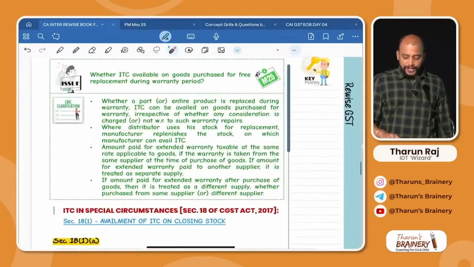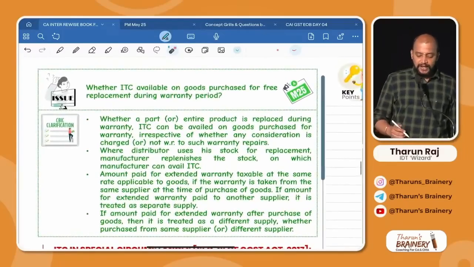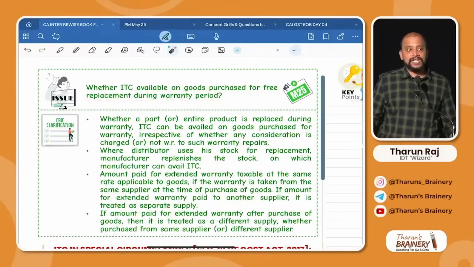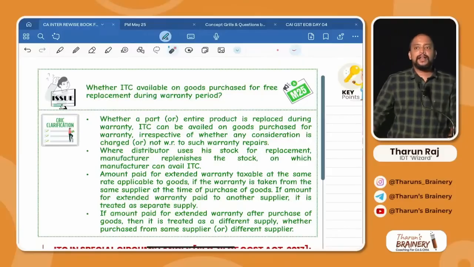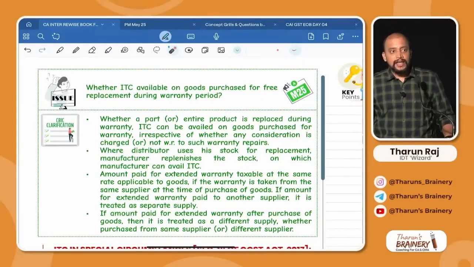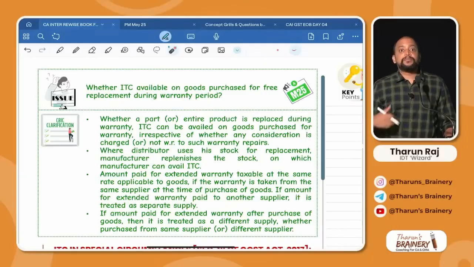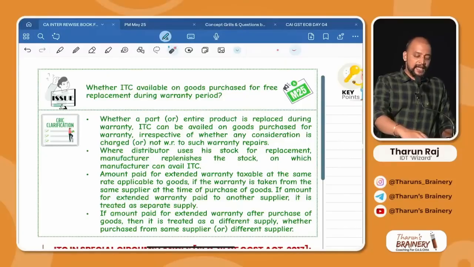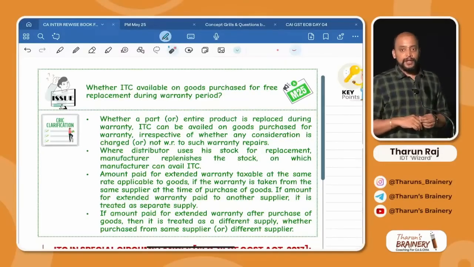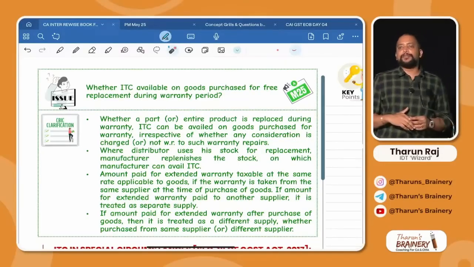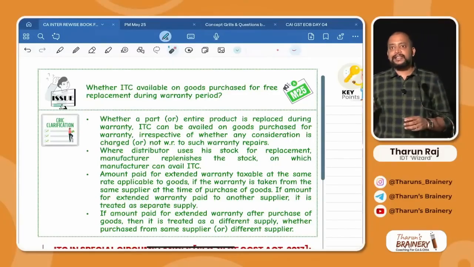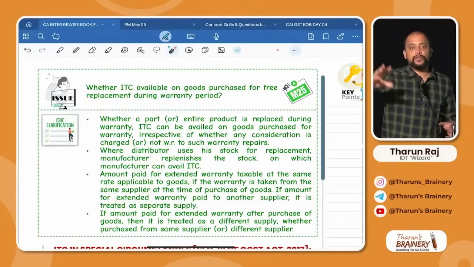Then look into one circular in this regard: whether ITC is available on goods purchased for free replacement during the warranty period. I am purchasing some goods and giving them as free replacement during the warranty period. I'll give you two examples, listen carefully. Example number 1: I am a car dealer, you purchased a car from me, and the parking sensor is not working.